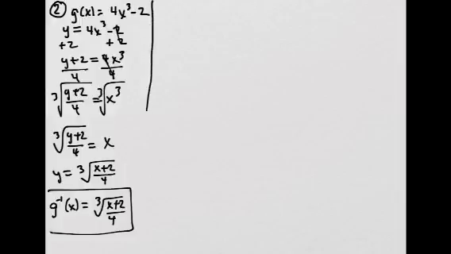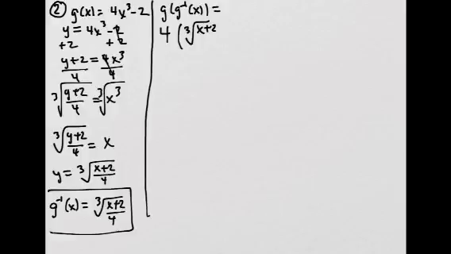So let me just put a little dividing line here. So we're going to do g of g inverse of x. Okay, we're going to do that one first. So that means we're going to take 4, and then in place of the x, we're going to write cube root of x plus 2 over 4, cubed, minus 2.